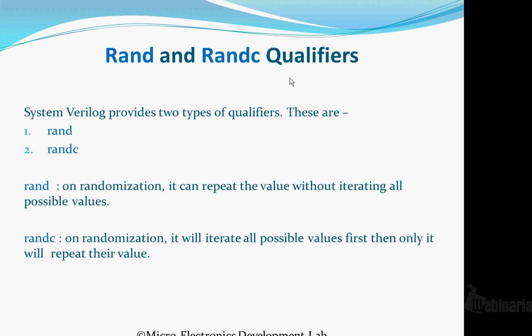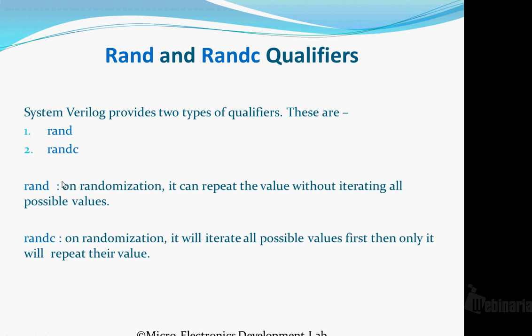SystemVerilog provides two qualifiers, rand and randc, to make a class property a random property. Now coming to the definition of the rand and randc qualifiers.